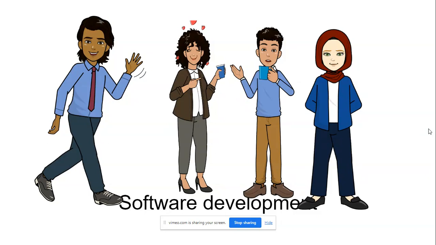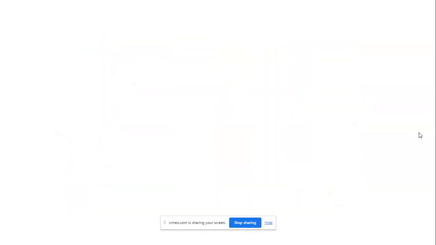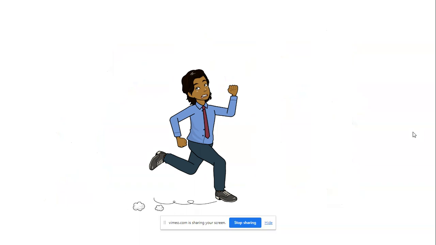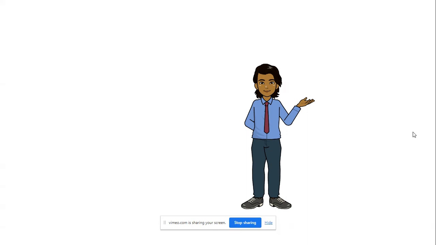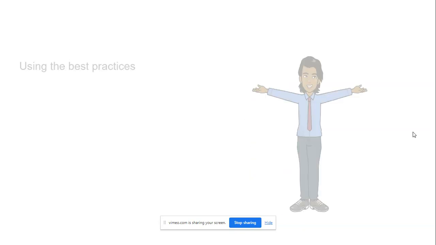But one thing Kel has is that whenever he's producing software, he always runs out of time. He always has difficulties, trying to produce this in time. Another thing is that he doesn't produce his software within budget. The software is always out of budget and he's always pushing it hard.